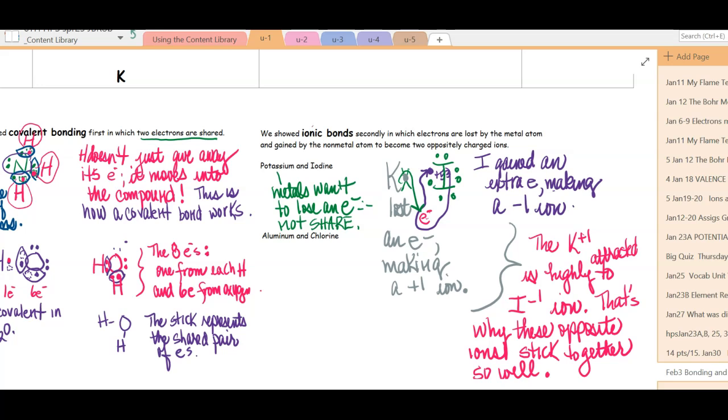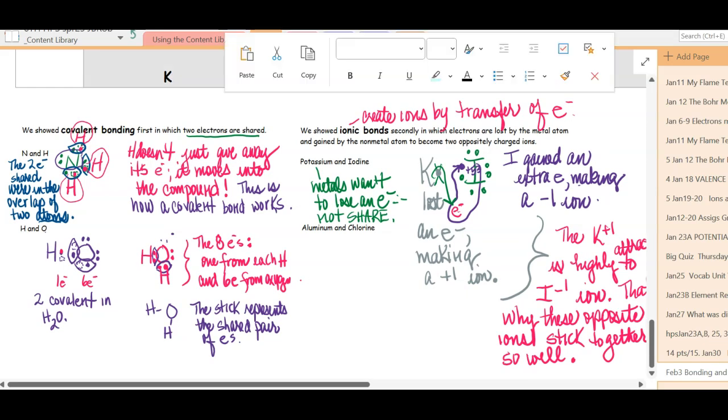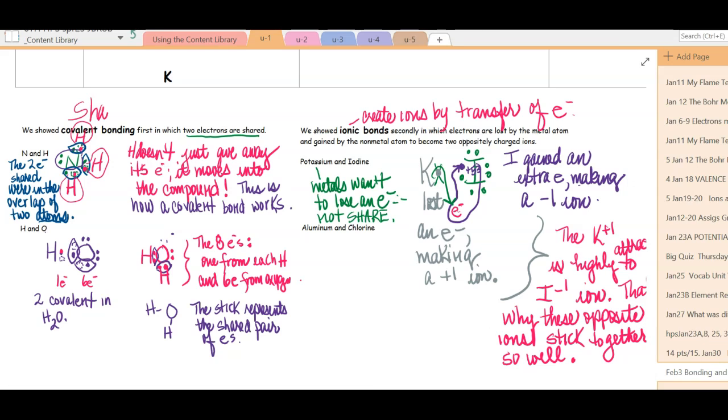So that's the difference between ionic bonds, which create ions by transfer of electrons, versus covalent bonds, in which it's more convenient for sharing of electrons, two electrons between the atoms.